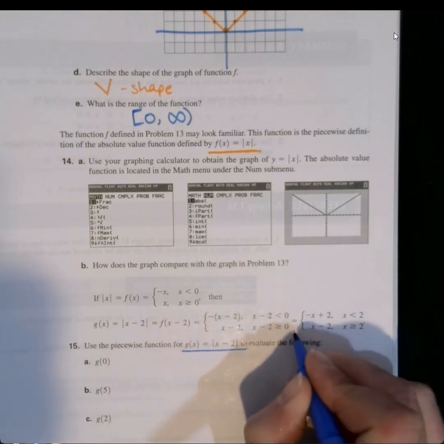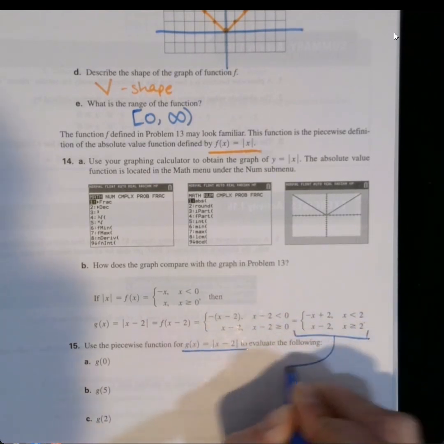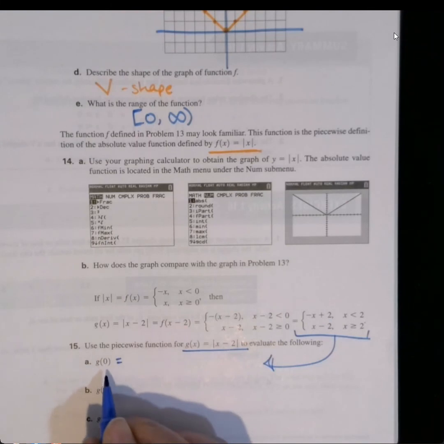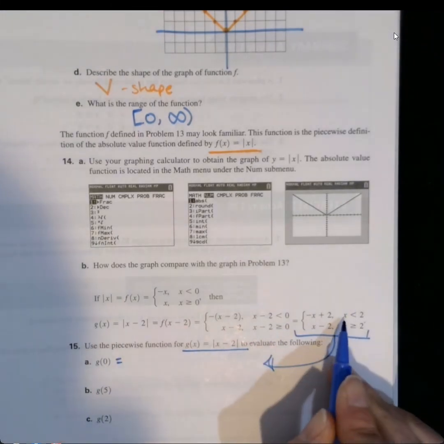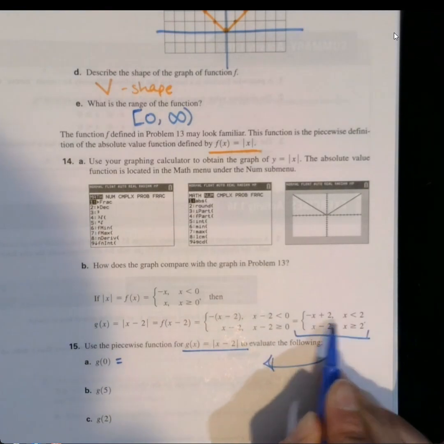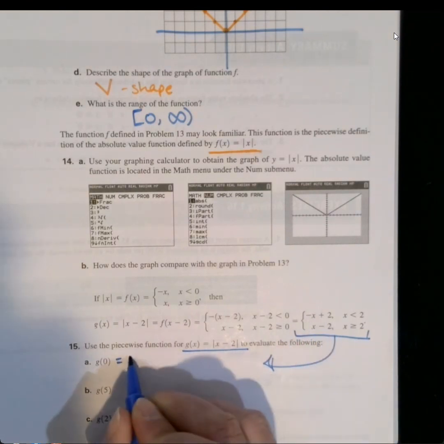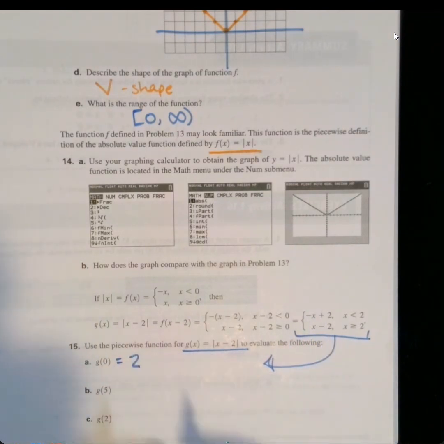So the piecewise function for g is written right above. And so if g needs 0 as an input, 0 is less than 2, so it's going to use the first condition. Negative 0 plus 2, that's 2. All right.